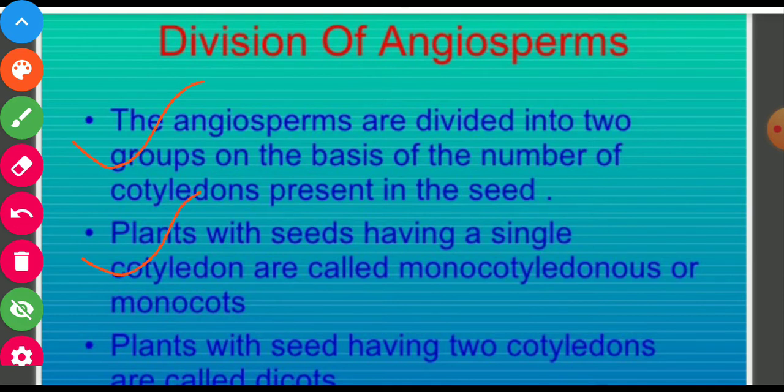Plants with a seed having a single cotyledon are called monocotyledonous or monocots, and the plants having two cotyledons are called dicots.